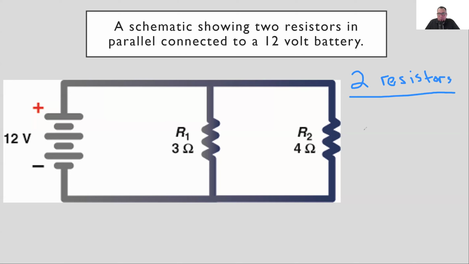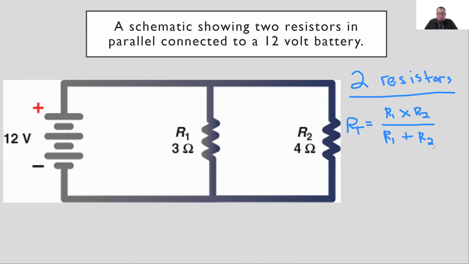So make sure you write down this formula too. RT equals R1 times R2, all that over R1 plus R2.